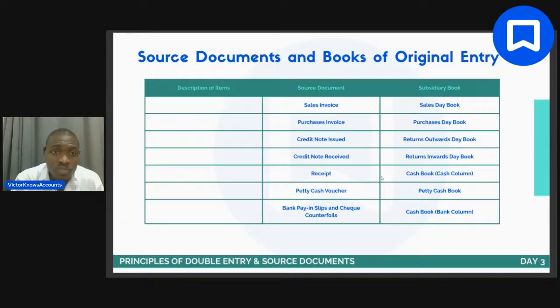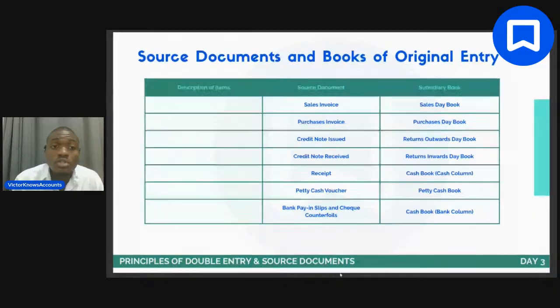We are going to be doing it like a question and answer kind of thing. I have the source document and the subsidiary book, then I will discuss the kind of item that would lead to that.